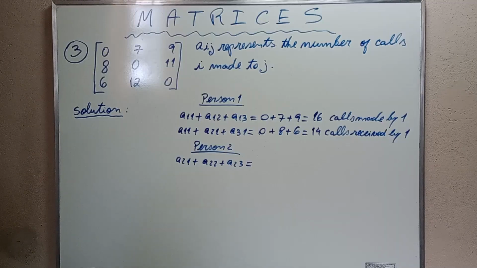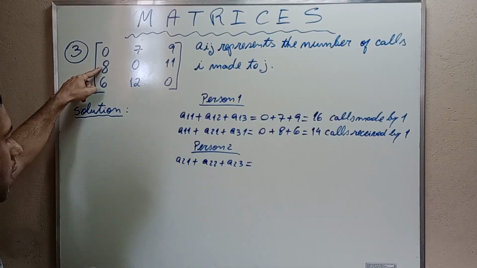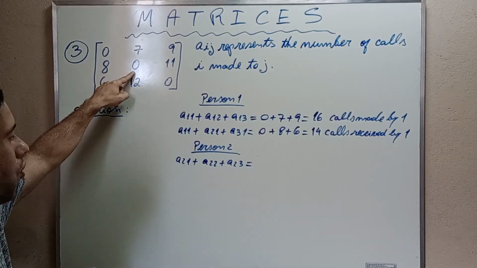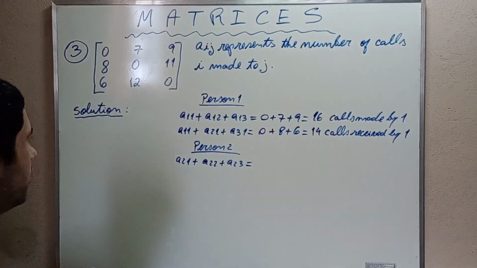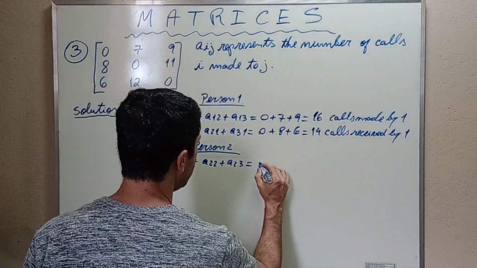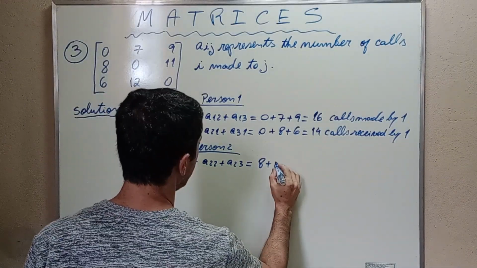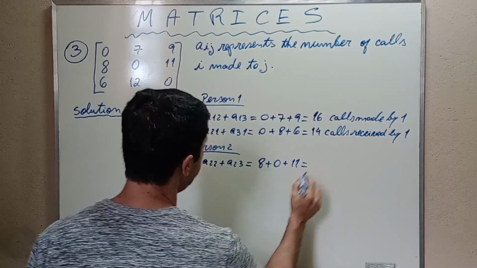Person number 2 made these phone calls, and this is equal to 8, A21, 0, A22, and 11, A23, okay? 8 plus 0 plus 11.